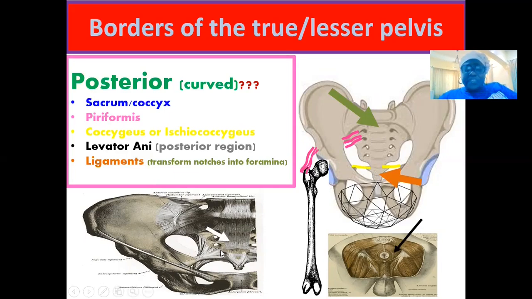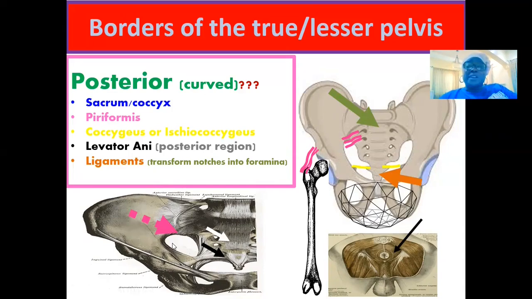If you go more inferiorly, you have the sacrococcygeal ligament. This sacrococcygeal ligament is seen to connect the sacrum with the coccyx, and this is what is arrowed here in black. Then if you go more to the lateral side, you have the anterior sacroiliac ligament. It is not the entire sacroiliac ligament that is seen to form the posterior border of the true pelvis.